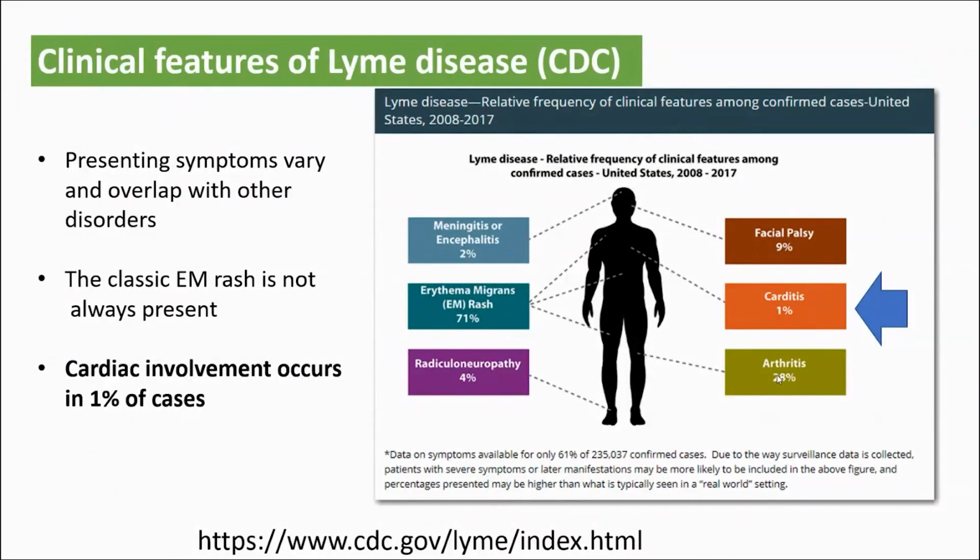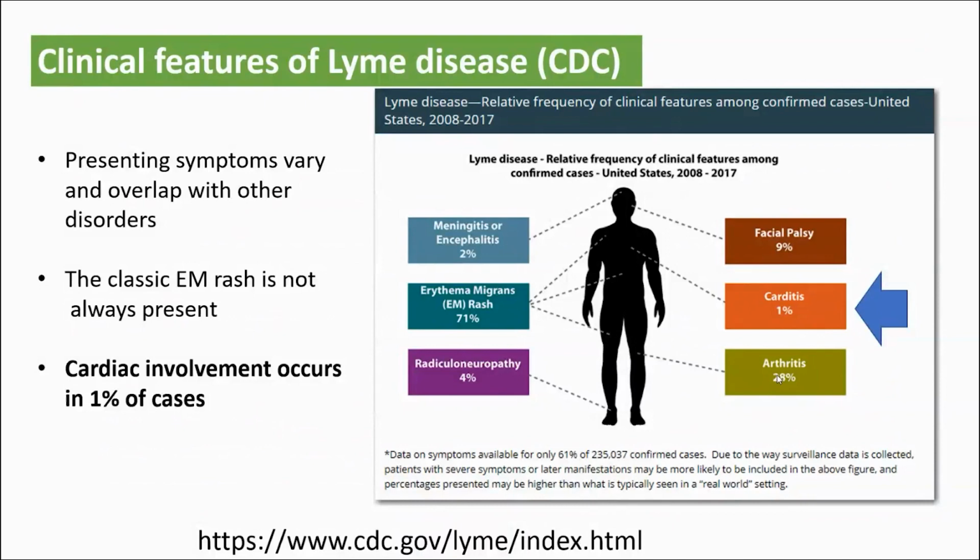This slide shows the clinical features of Lyme disease from CDC. Lyme disease presenting symptoms vary and overlap with other disorders. The classic EM rash is not always present. Cardiac involvement occurs in 1% of the cases.